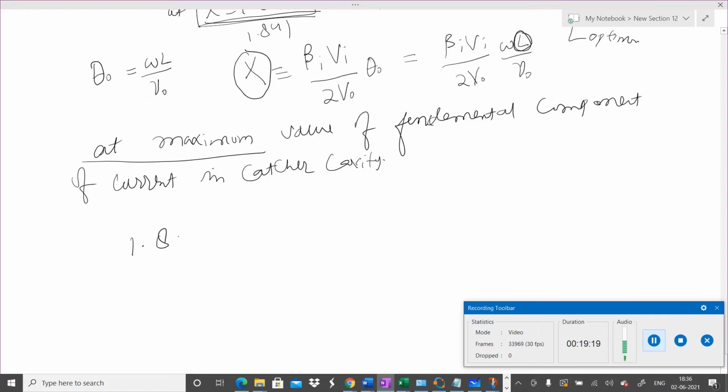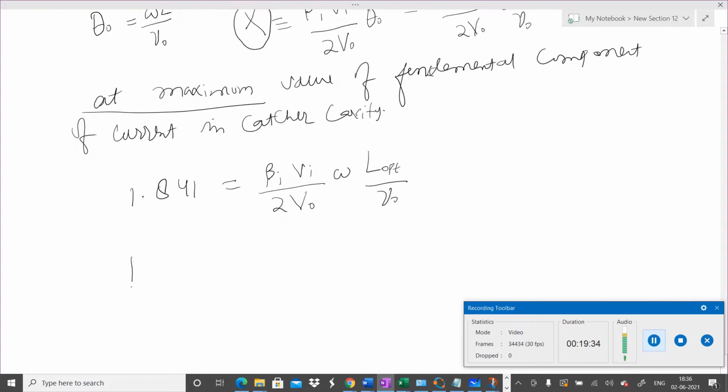So we can substitute it. 1.841 is equal to beta I Vi divided by twice V naught, omega L optimum divided by the velocity V naught.